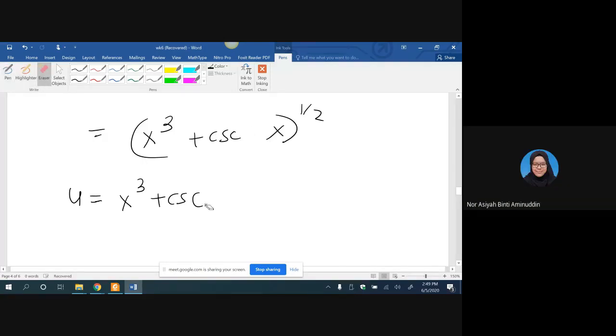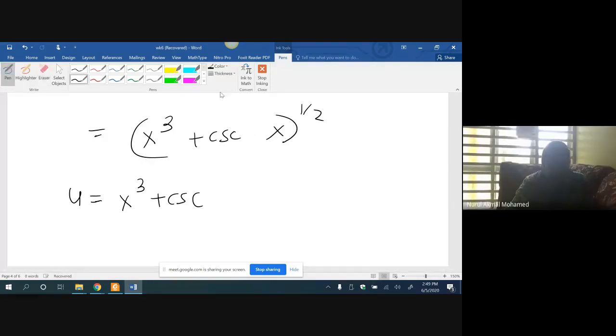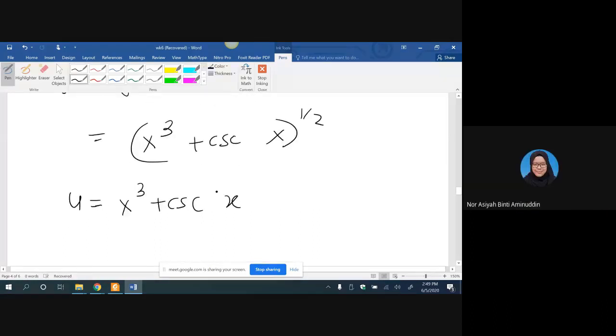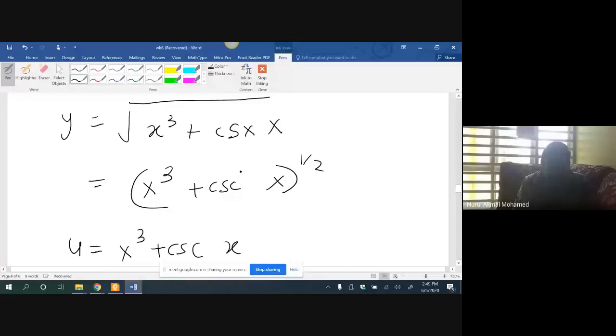CSC x. So we introduce u as x cubed plus cosecant x. It means that your y will be u to the power of 1/2.